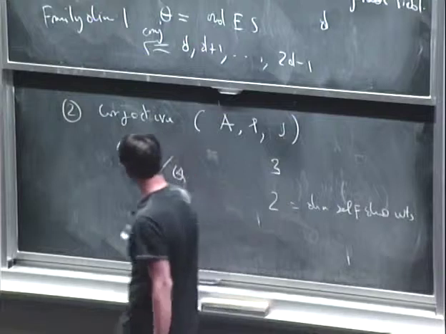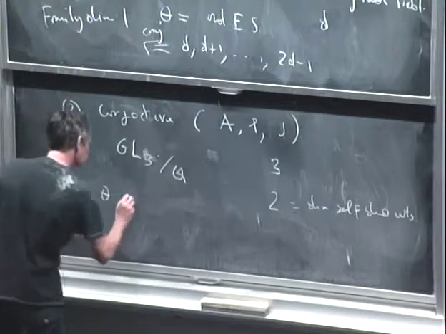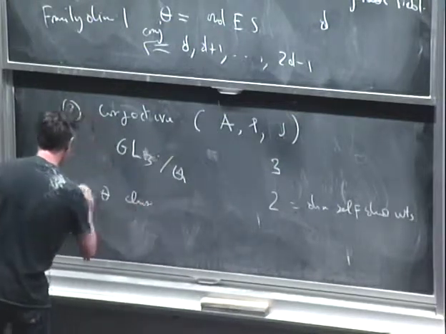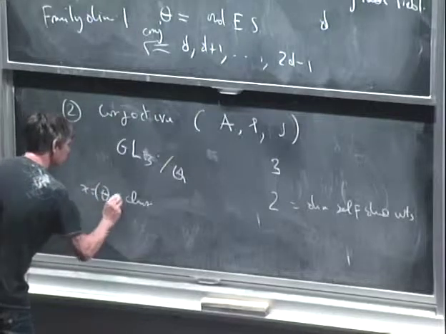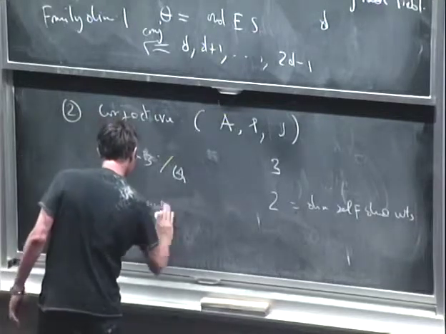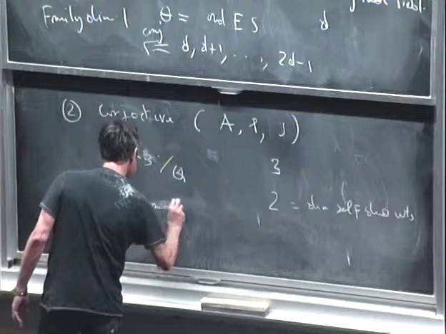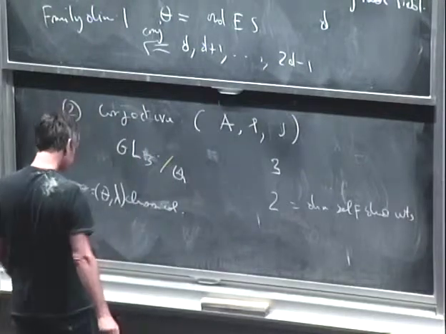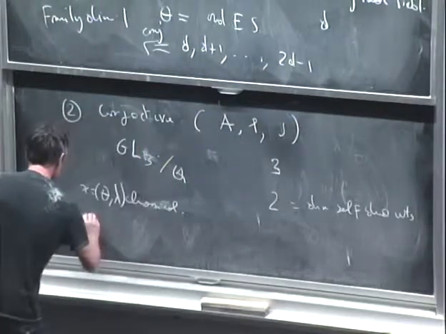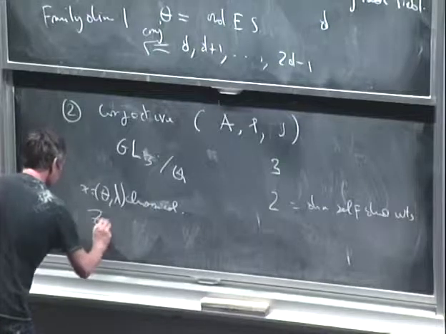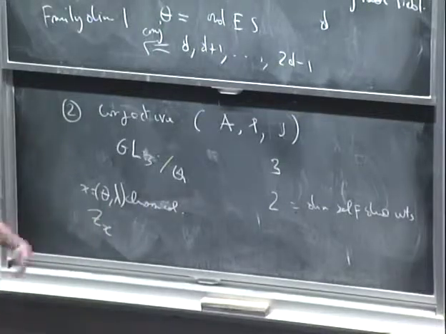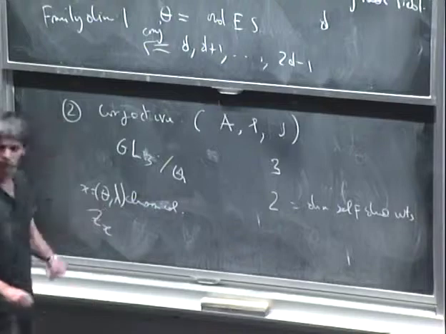So take x equals theta, lambda classical, and let's call X the component of the eigenvariety containing that point.